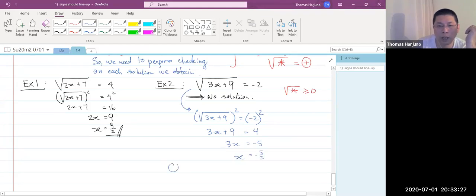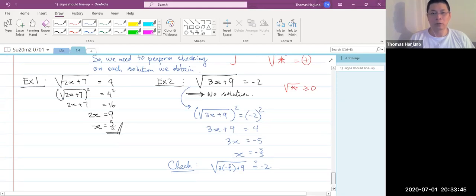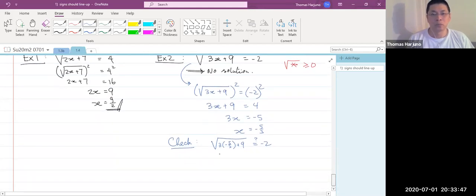When you check, square root of 3 times negative 5 thirds plus 9, does it equal negative 2? Now, that's how you show your checking. You put a question mark on top of the equal sign. So I get square root of negative 5 plus 9, does it equal negative 2?